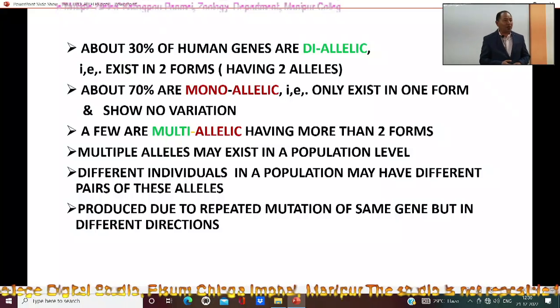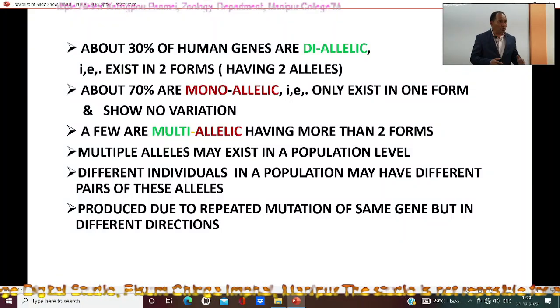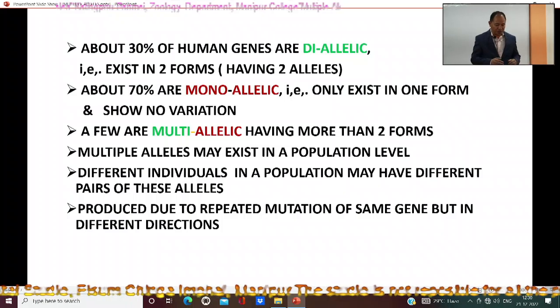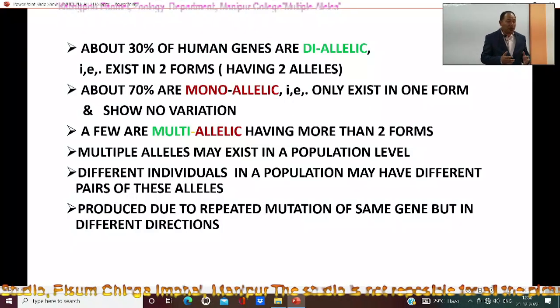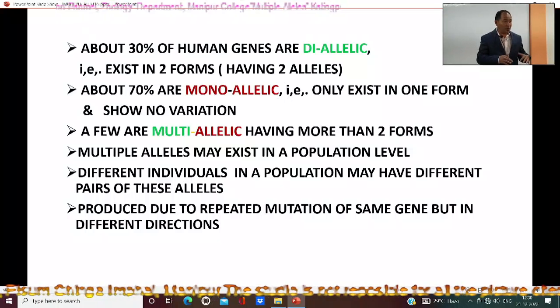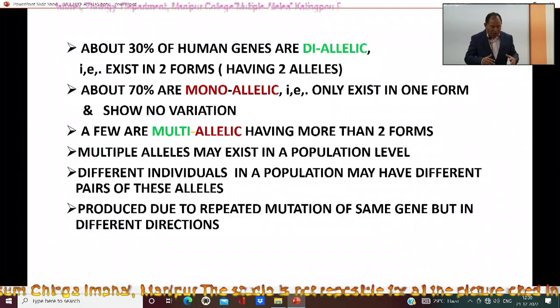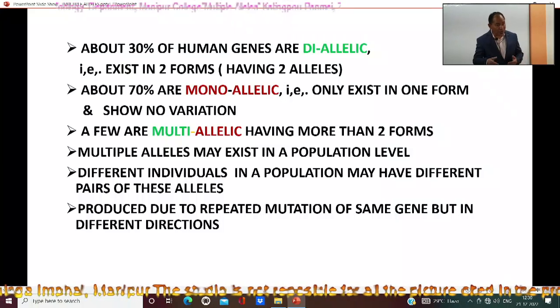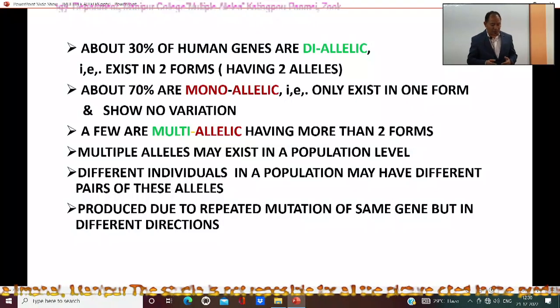Multiple alleles are produced due to repeated mutation of the same gene but in different directions. Multiple alleles combine in different ways in a population and produce different phenotypes, as you will see in the following examples.